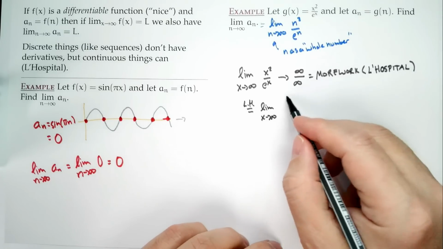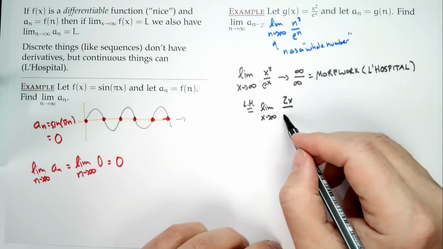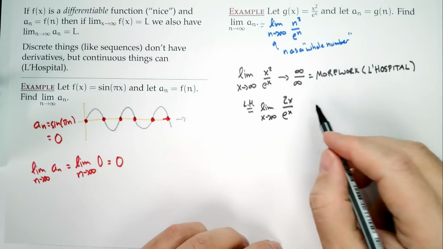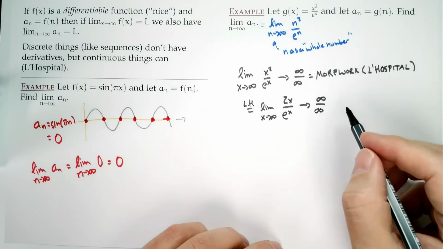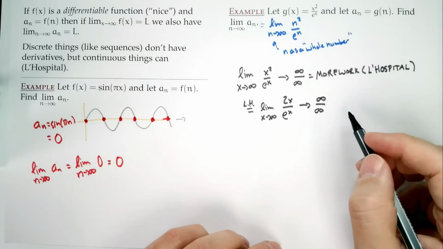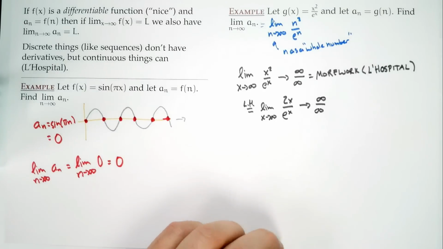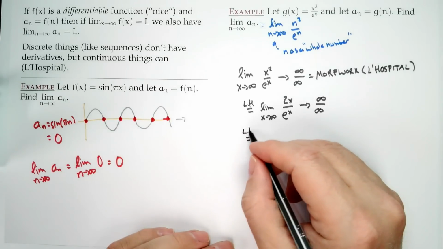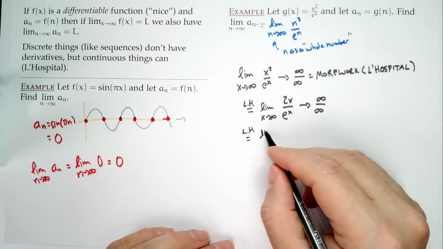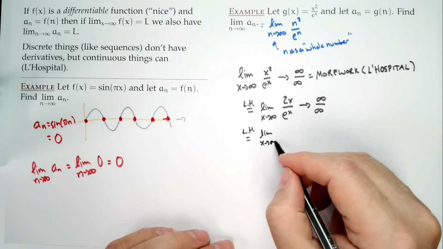And remember, it means take the derivative of the top, divide by the derivative of the bottom. All right. Well, that's going to infinity over infinity. Well, which means, again, L'Hopital. Oh, L'Hopital, put down your croissant. We must work again. All right, so we do it again. And we will keep doing it, hopefully until we figure out what's going on.